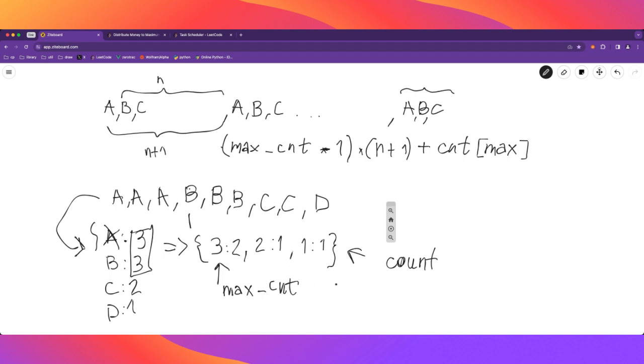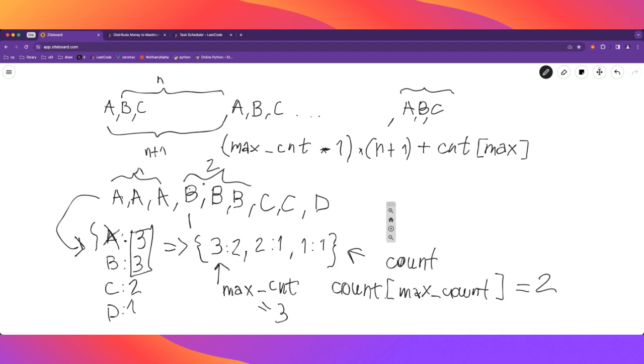And I'm also going to want the count of the max count. So max count here is 3, and the count of the max count is going to be 2, because there are 2 letters that occur the maximum frequency, the maximum amount of times.